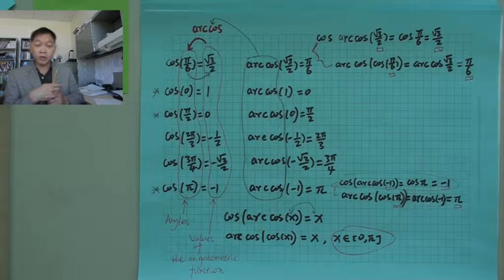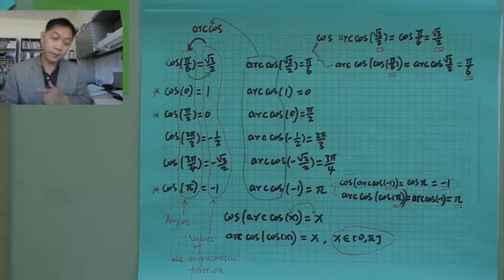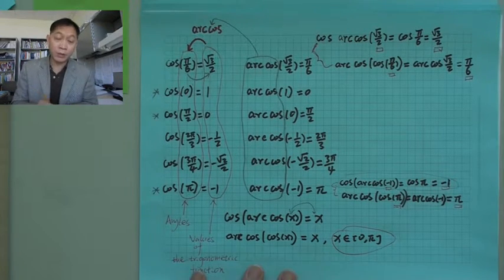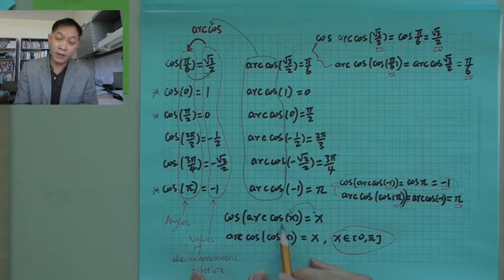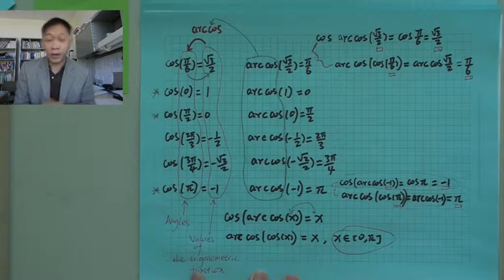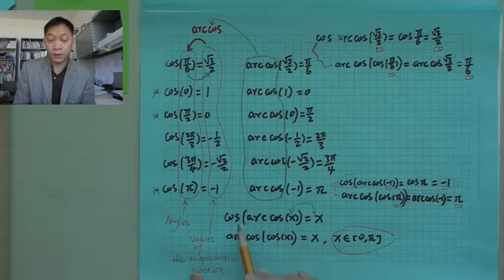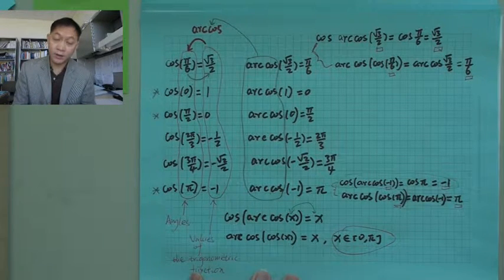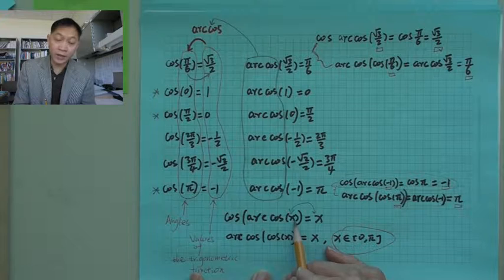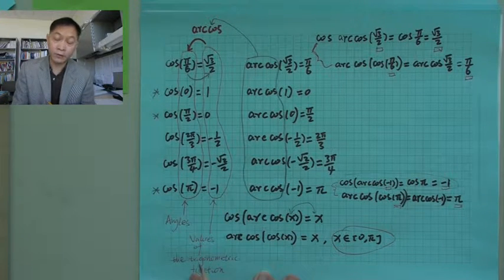I'll give you an example near the end. Previously, we had sine of arc sine x is x. Now for arc cosine, we have the same thing. Cosine of arc cosine x is x. Here, x started with a value of the trigonometric function cosine.